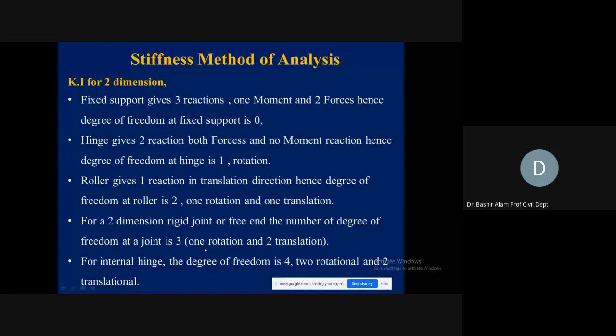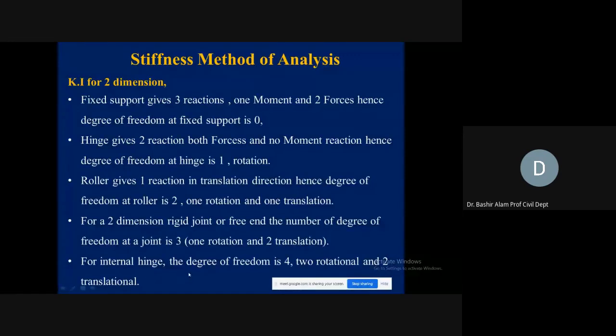It will be 1 rotation and 2 translations. So if it is a frame rigid joint, it will be allowing moment. Although the moment of one member is going to be the same as the other member, so it will be rotating by the same amount. So 1 rotation, and then we will be having 2 translations, 1 vertical and 1 horizontal. And similarly is the case in case of the free joint.